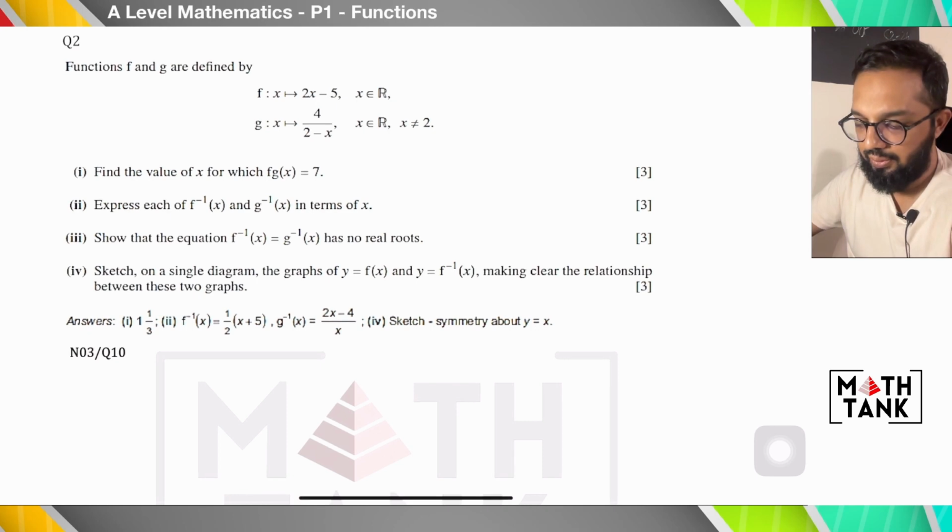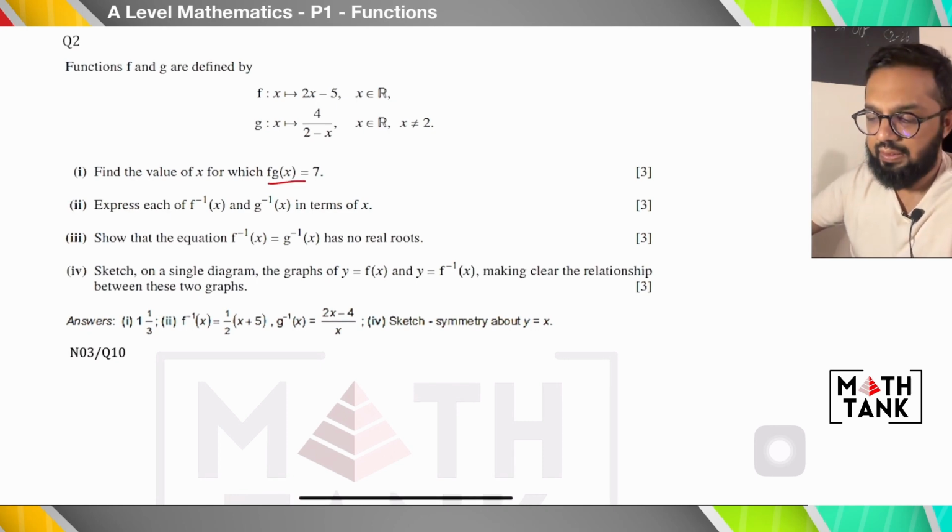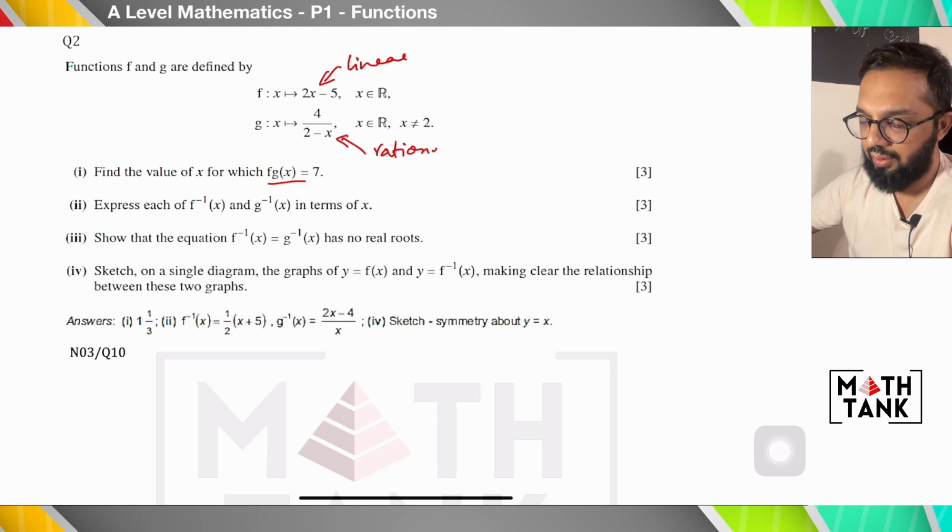Going on to question 2, it says find the value of x for which fg of x equals 7. I see that f of x is a linear function and this is a rational function. So fg of x is basically 2 times 4 over 2 minus x, minus 5, and I want that equal to 7.